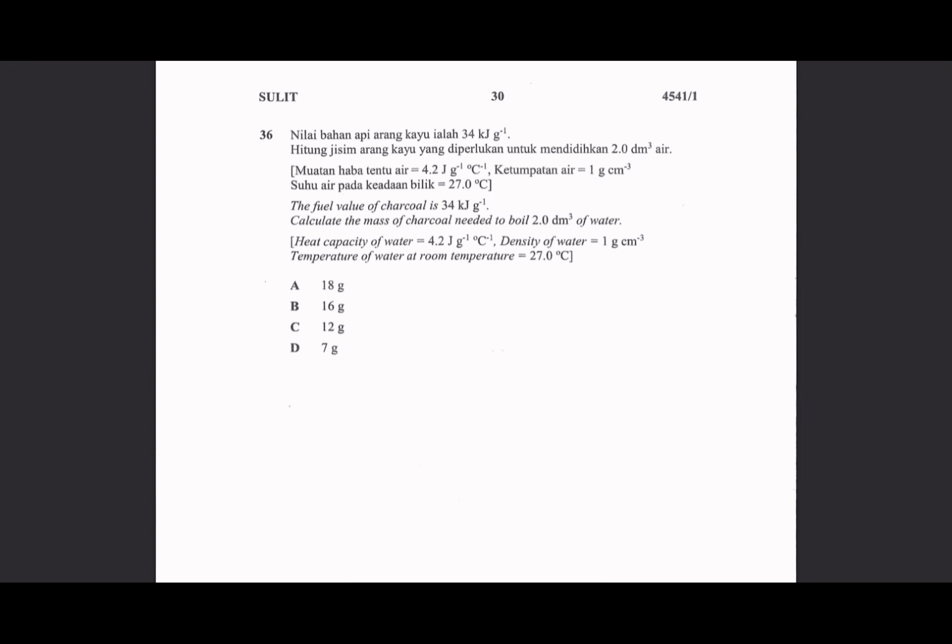The fuel value is 34 kilojoule per gram. Calculate the mass needed to boil 2 decimeter cube of water. We boil the water. Given the temperature of water is 27, the heat needed to boil the water, Q, equals mcθ.